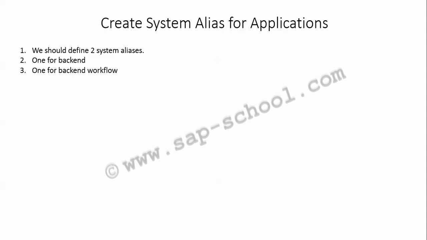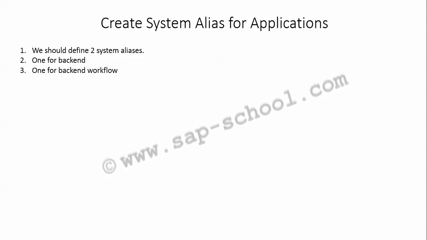We'll notice from the image that both of these entries point to the same RFC destination. The naming convention can be whatever we want, but we must ensure the system ID and the client number are populated. This way we create the two system aliases, one for the backend and one for the backend workflow.